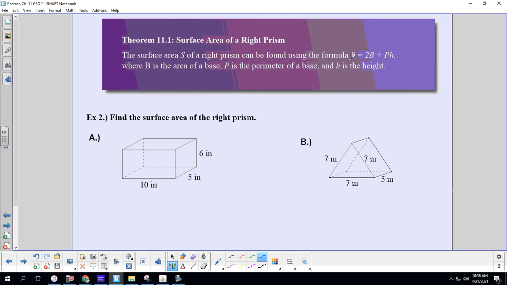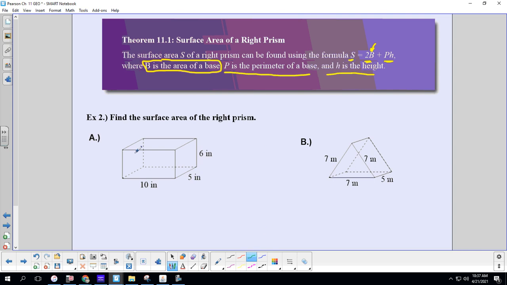So the surface area of a right prism, make sure you underline this similar to how I'm going to do it, is surface area is equal to 2 times the area of the base. B is the area of the base. P is the perimeter of the base. We're familiar with him. And H is the height.